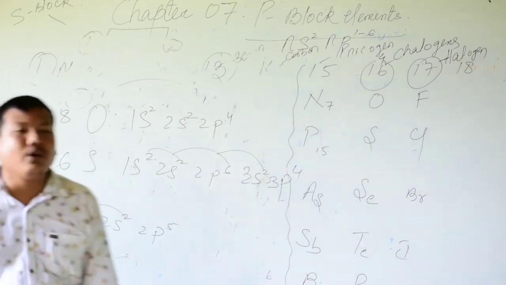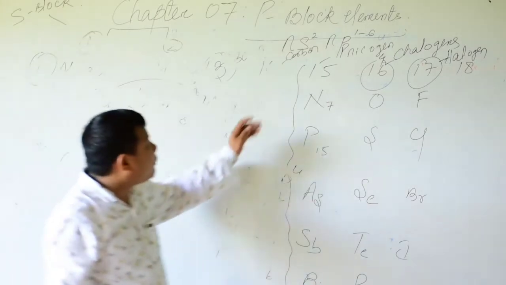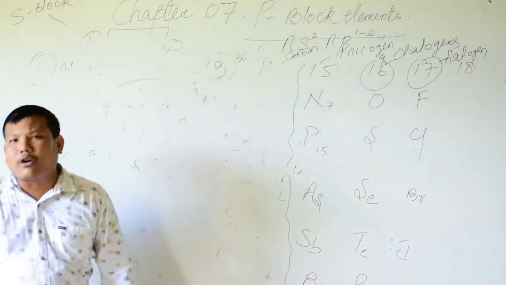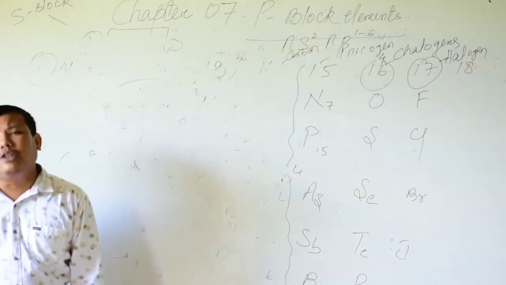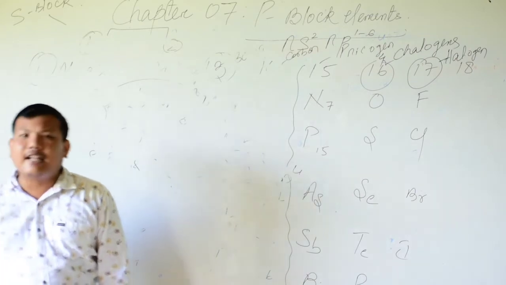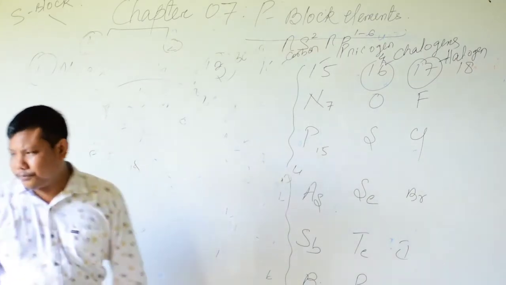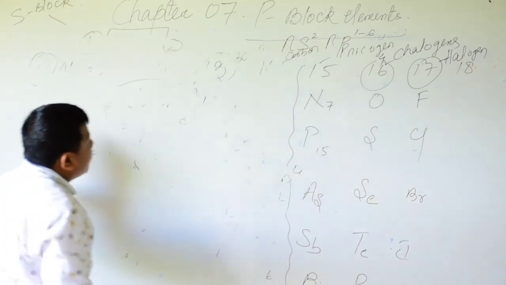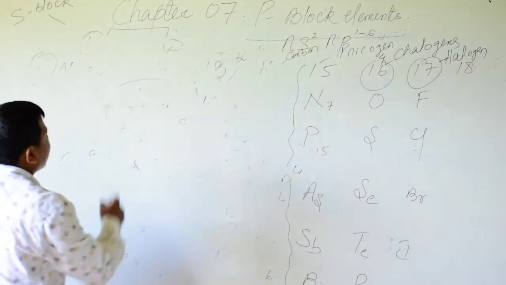Now let me go directly to how to make the structure of these groups. Again, I'm going to start from group number 15. As we know, the occurrence of nitrogen: nitrogen was discovered by Daniel Rutherford in the year 1772. Now how to make the structure of nitrogen is very simple.